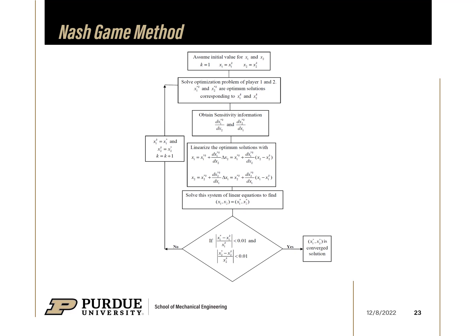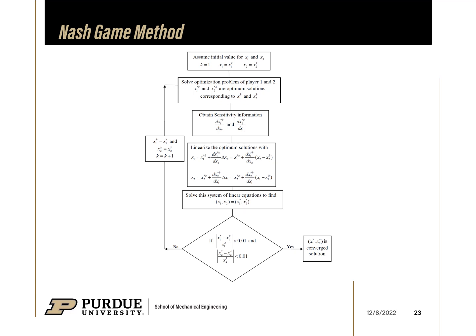The first step of the method is to assume values for the strategies of both players. From there, solve the optimization problems to determine the optimum solutions for both players with respect to the original assumed values of the strategies. Next, use the methodology to find the sensitivity information for both players.